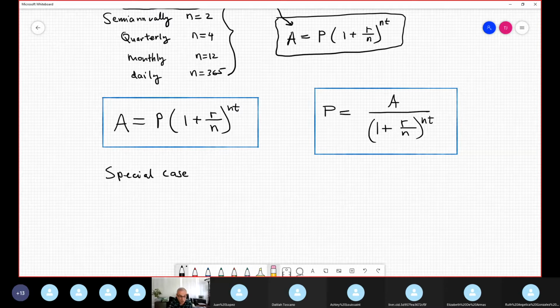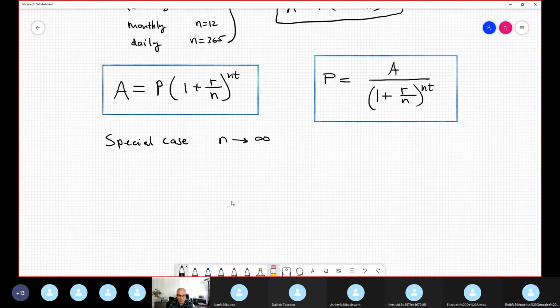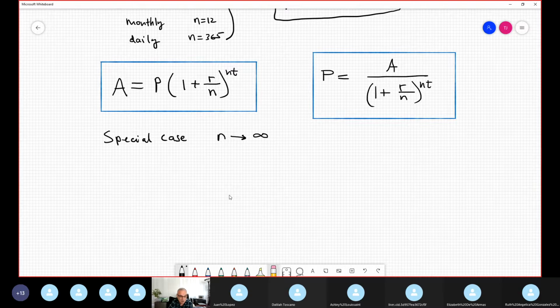And you have no idea. So the supposition is that M, this compounding, is infinity. Therefore, the formula changes a little bit. It's a little bit complicated to prove that. But the formula is capital A is equal to present value times e to the RT. So using exponential.